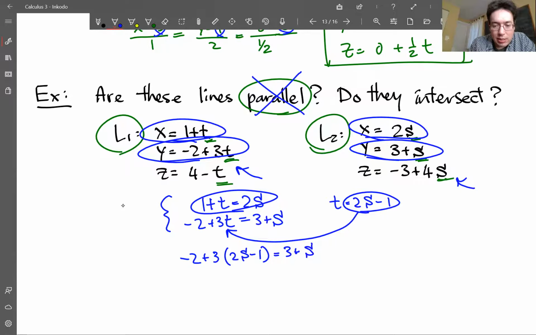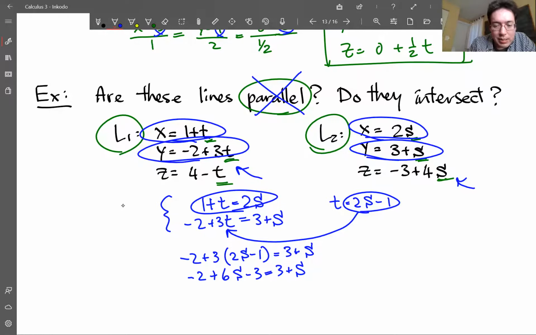Let's distribute the 3. Let's bring all the s to the left-hand side and all the constants to the right-hand side.